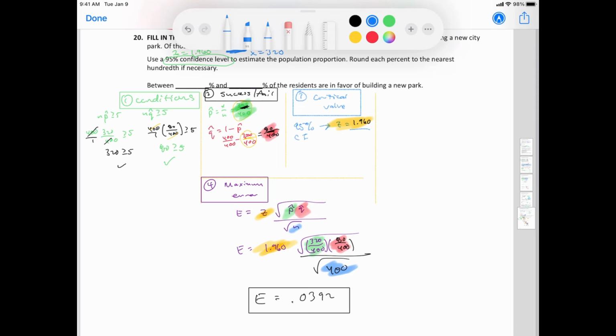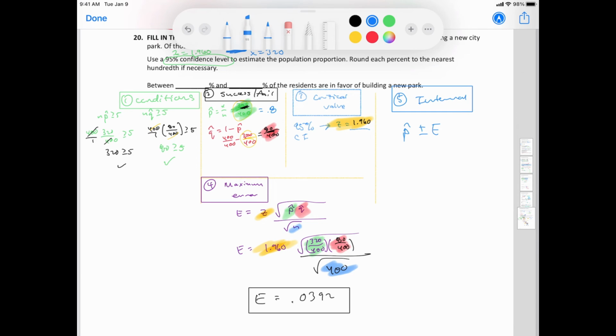The last step is to actually calculate this interval proportion. I'll just call it interval. To do that, if you look at your formula sheet, it's p hat plus or minus the e value. 320 divided by 400 is equal to 0.8.